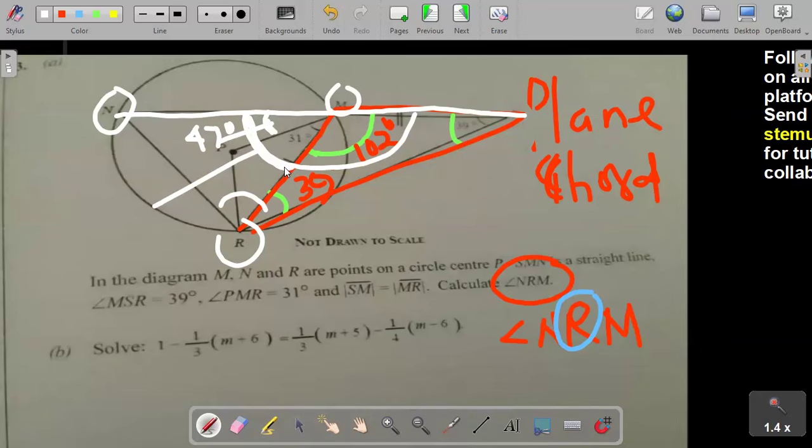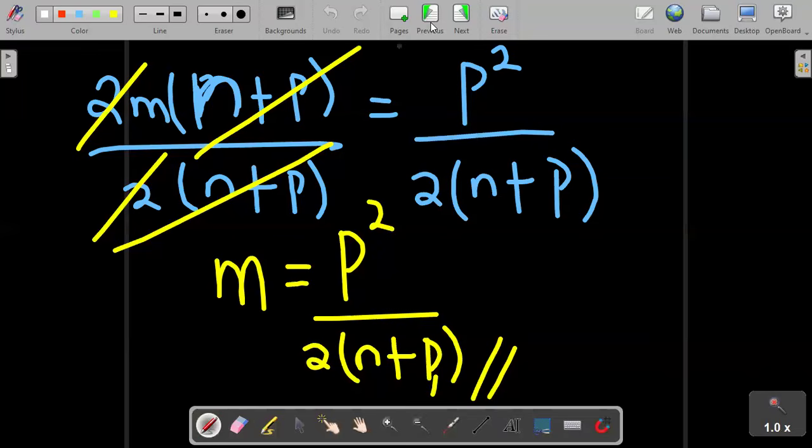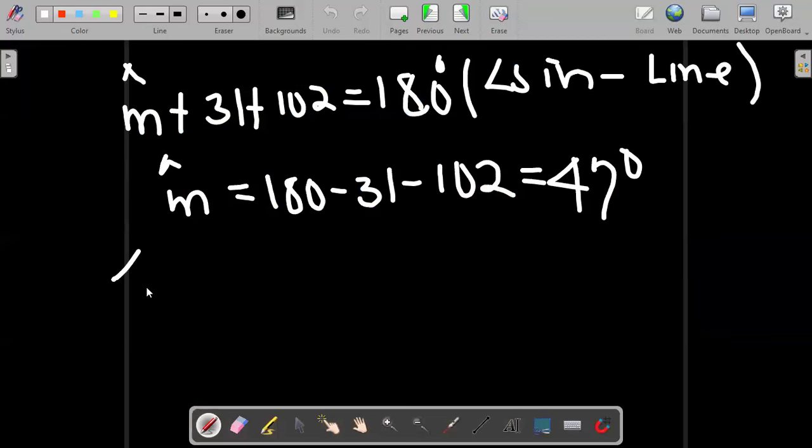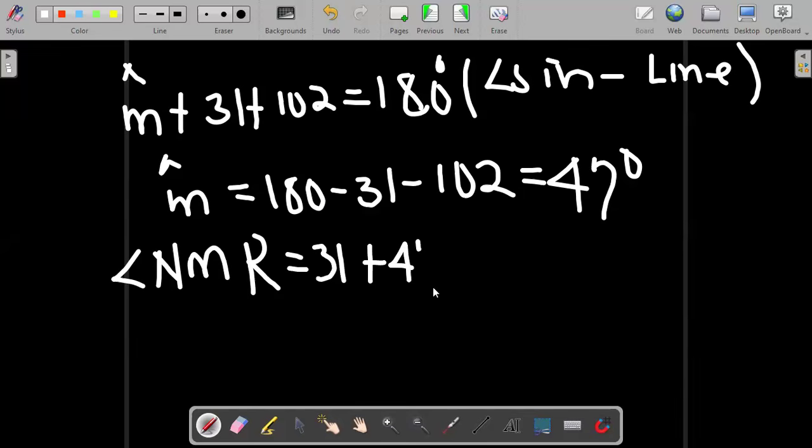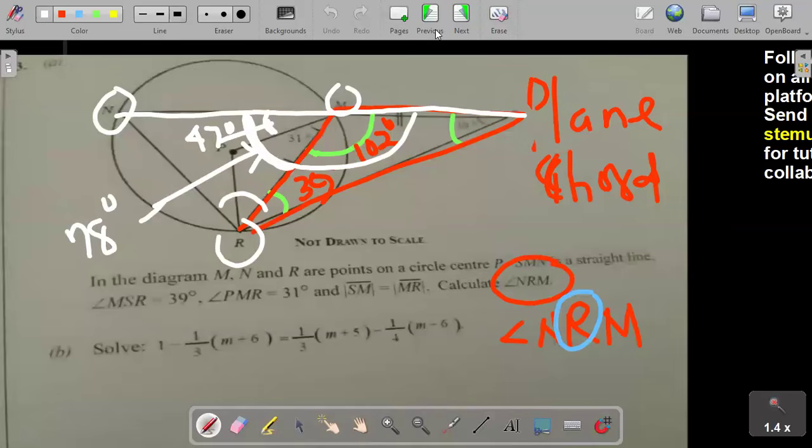So the whole of this angle here, let me put an arrow to represent it, is 78 degrees. You see it? The whole of that angle is 78. So my angle N M arrow is 31 plus 47, which is 78 degrees.